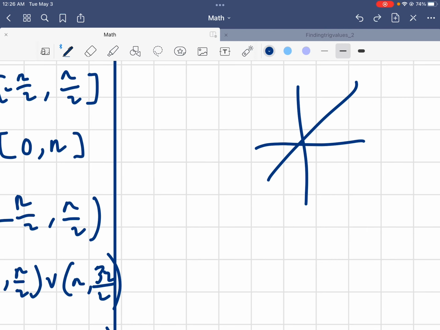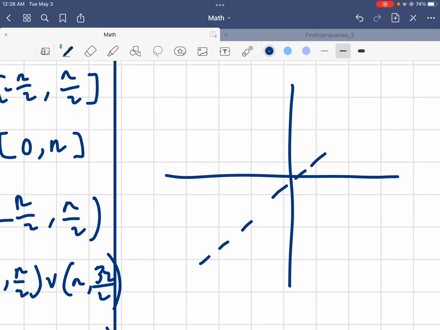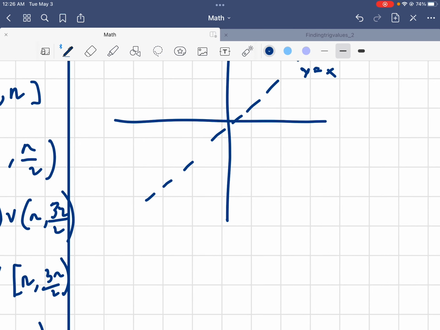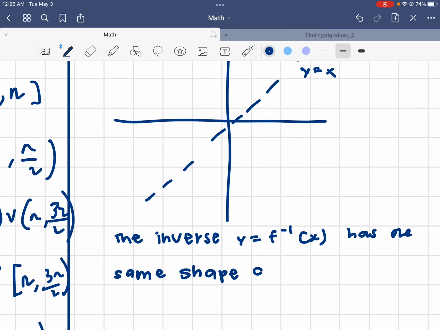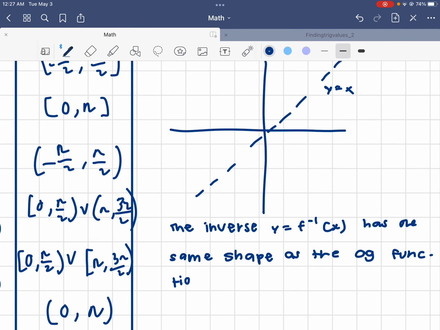So you have this line y equals x, and the inverse, y equals f inverse of x, has the same shape as the original function but is reflected over the slanted line y equals x. Okay, so was that a review? Kind of.